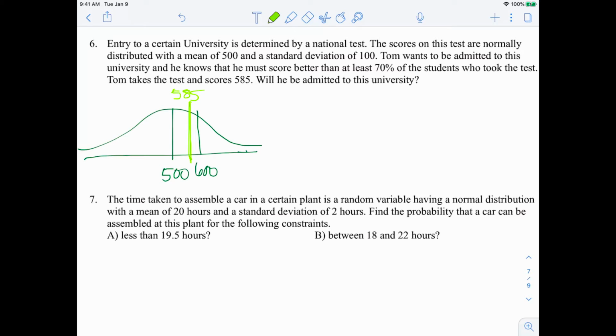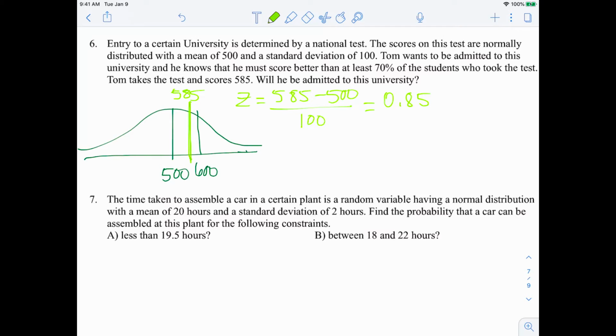Because we are falling in between the mean and one standard deviation above, I know that we're not exactly 1, 2, or 3 standard deviations. So I'm going to have to calculate a z-score here. So my z-score is going to be 585 minus 500 divided by a standard deviation of 100 equals 0.85.